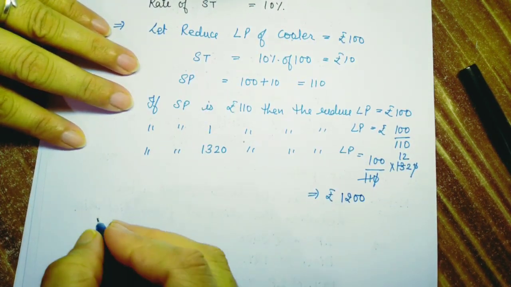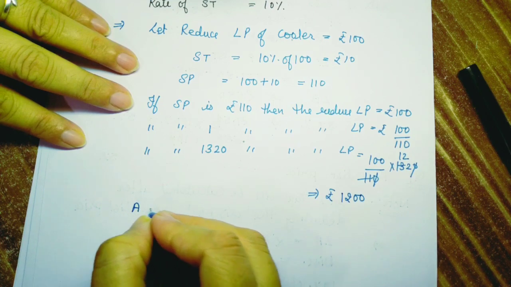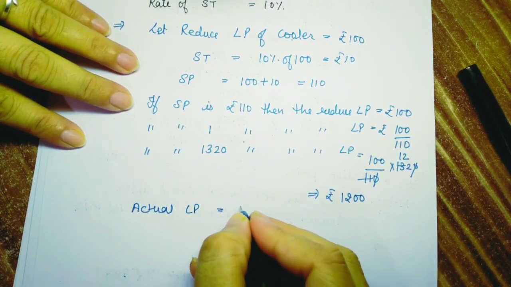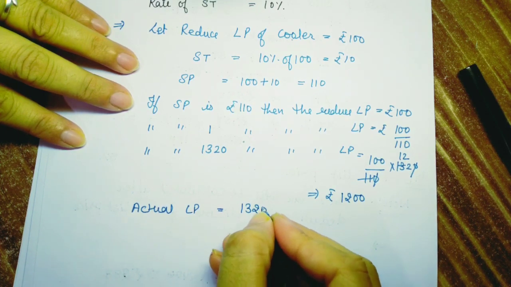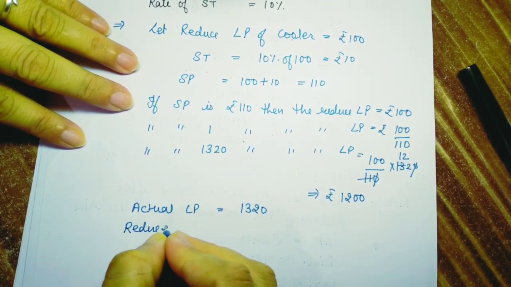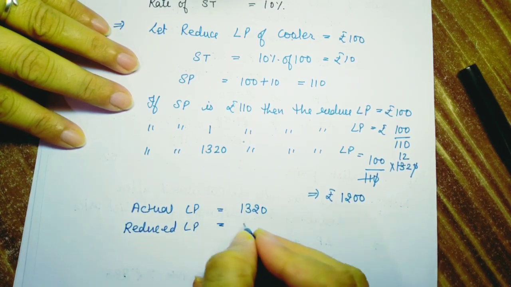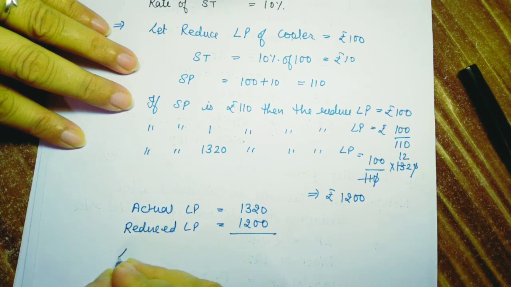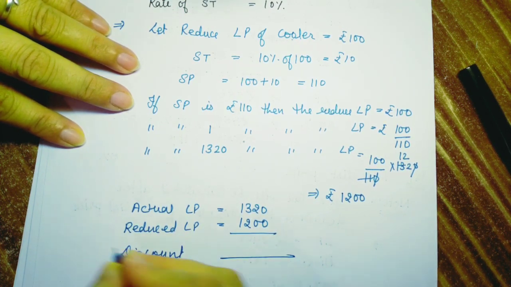Students, we know the actual list price is rupees 1320. Then the reduced list price that we found is 1200. Their difference is the discount.